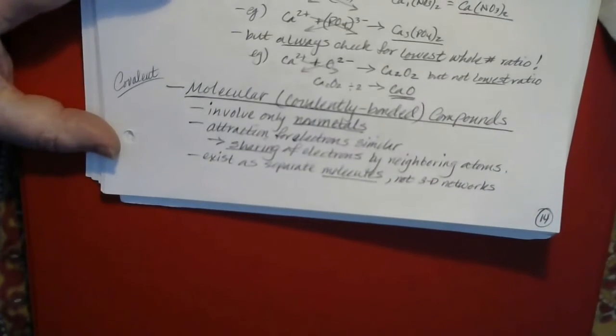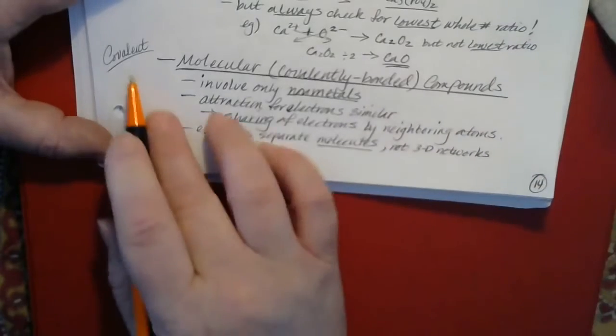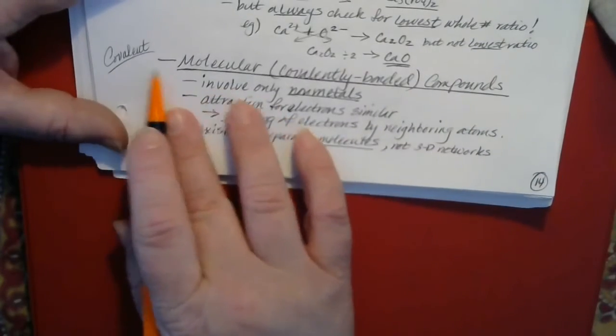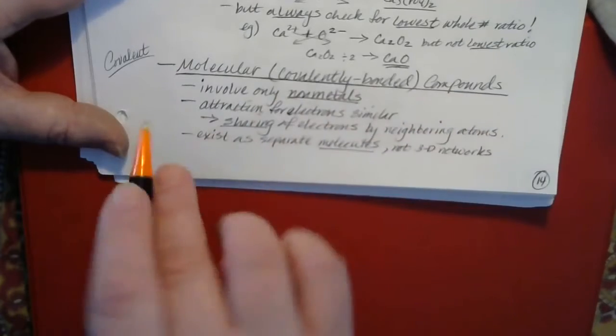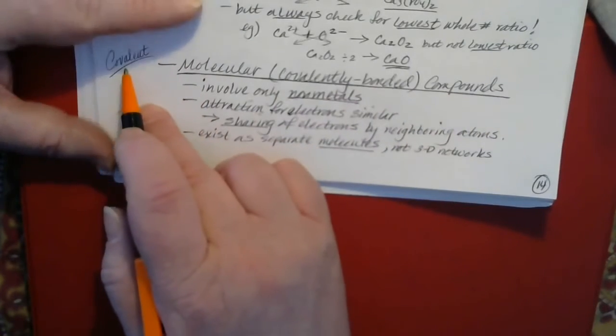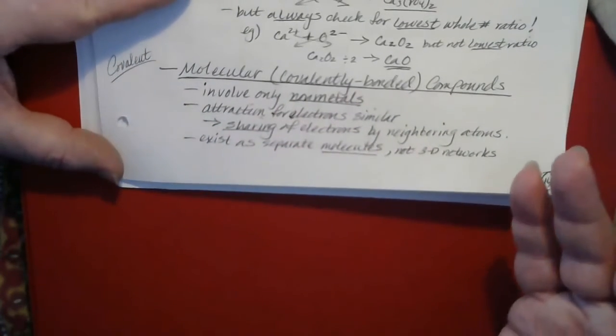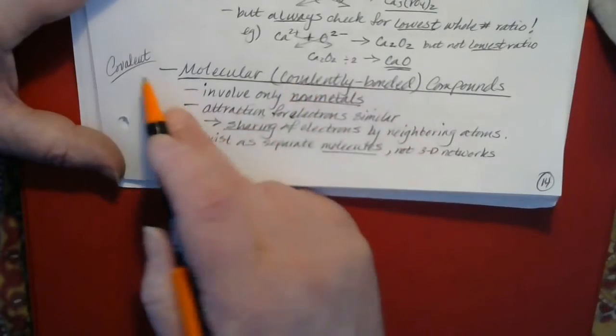Okay, we'll get to naming ionic compounds in a little while, but first, going over some of the basic characteristics of molecular or covalently bonded compounds. These are often called covalent compounds, and just through sheer habit, that's the way I usually refer to them.